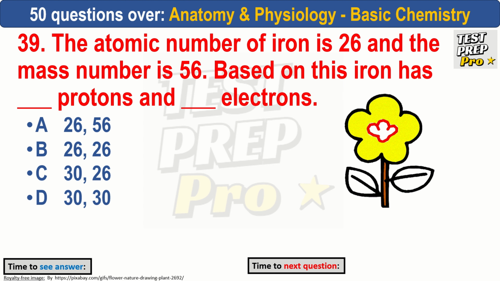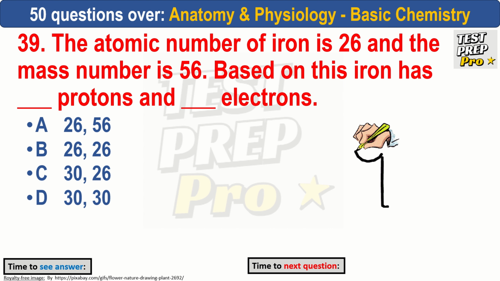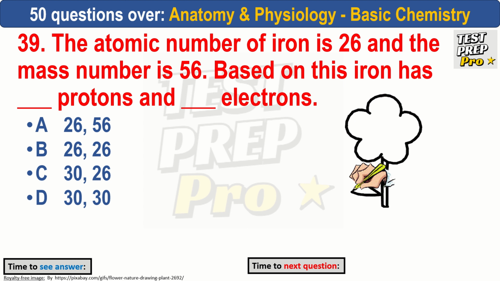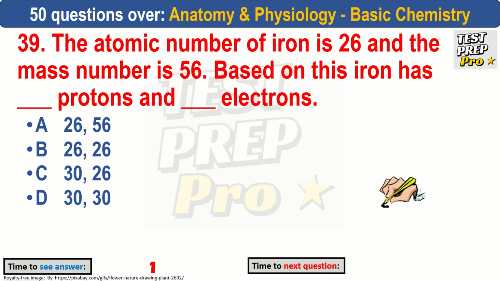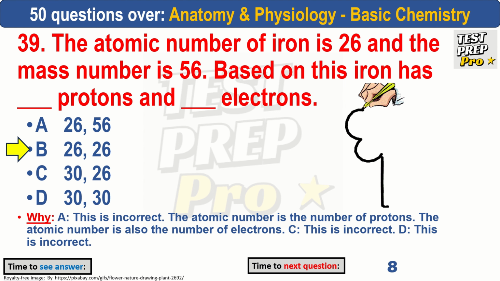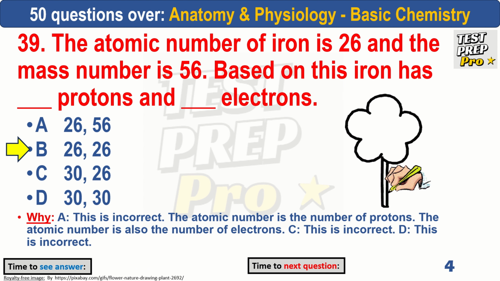Is it A, 26 and 56, B, 26 and 26, C, 30 and 26, or D, 30 and 30? The answer is B, 26 and 26. Again, the atomic number is telling you the same number of protons and electrons, and its number is 26.